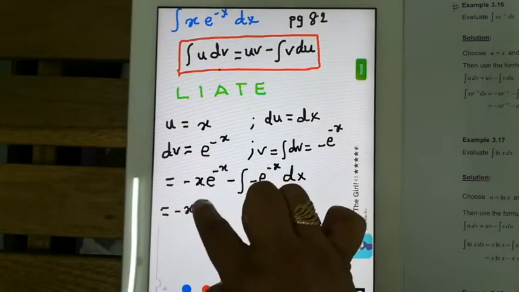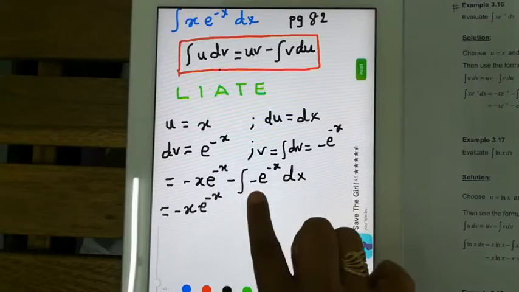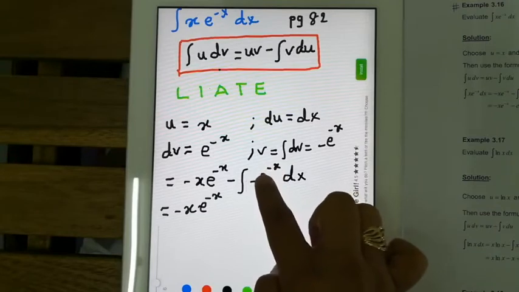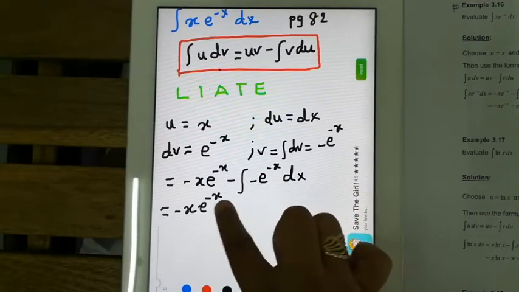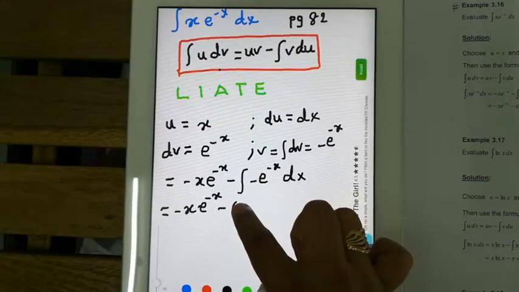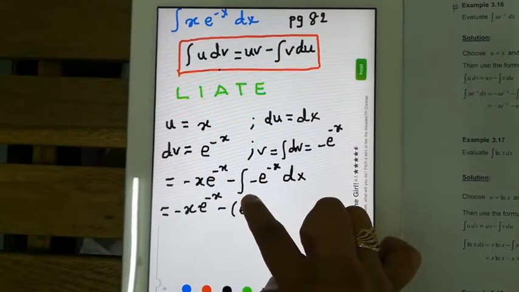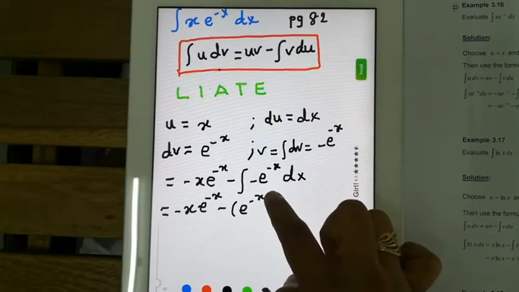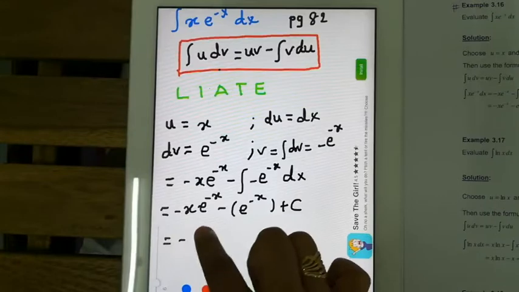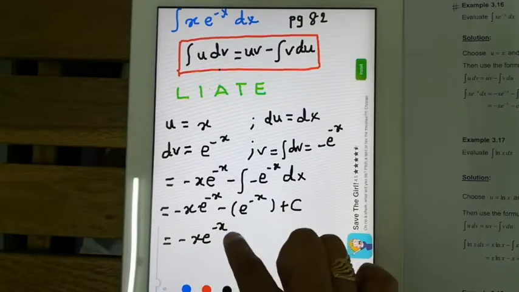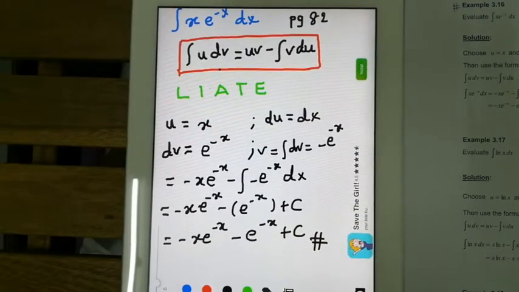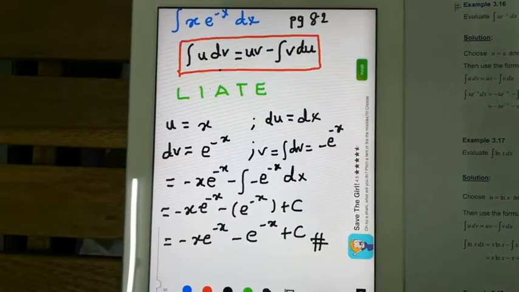We just copy the first part here, and then if you integrate this one, you get another negative e^(-x), so negative, and you integrate this one, you will get positive e^(-x) plus c. Your final answer will be negative x e^(-x) minus e^(-x) plus c. Alright, this is simple. So let's move to example 3.18.